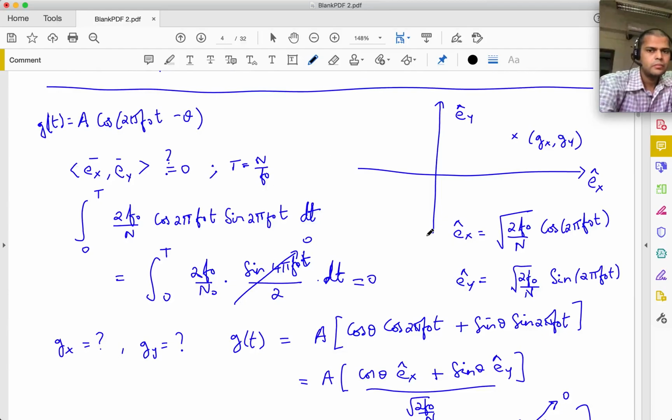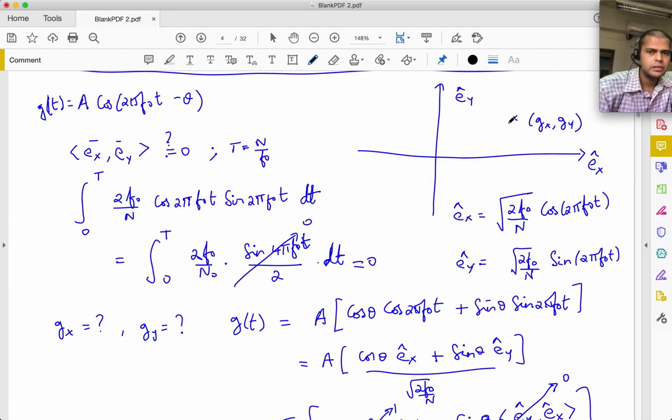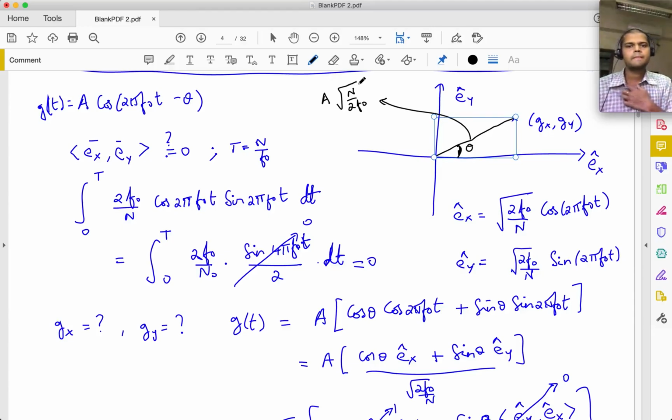Okay, so if I want to plot this, it's going to have angle theta, but this length is not what I had said earlier. I wasn't taking into account the normalization, so it's going to be a root n by 2f0. This is going to be the length.